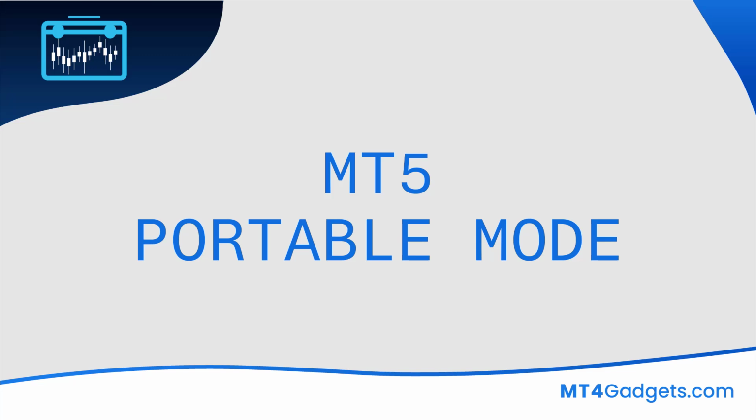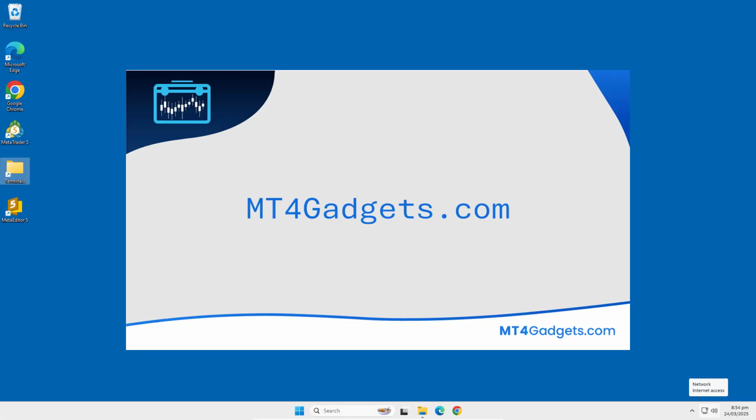But first, it's important to understand what is the difference between portable mode and standard mode. So with that, let's go and see screen sharing. In this system that you see shared, there is a clean installation of the MT5 platform.